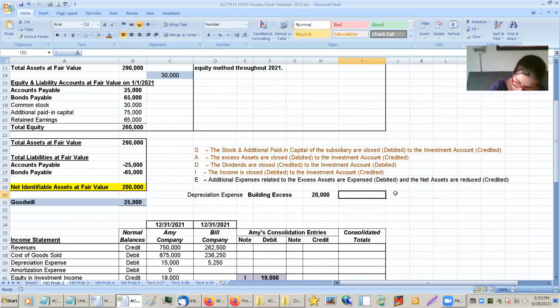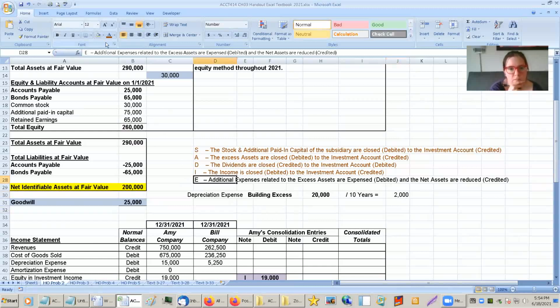By 10 years equals 2,000. Yep. So this is going to be our depreciation expense.